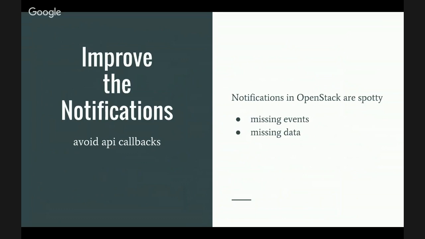They haven't remembered to say, oh, let's add the event, or let's make sure this data goes out in the notification. And so that's one of our big things that we'd like to see in Newton across the board: better notifications with all the events that are really appropriate, as well as getting all of the data into those notifications, so that when we receive that notification, we don't have to do an API callback to get the full set of data.